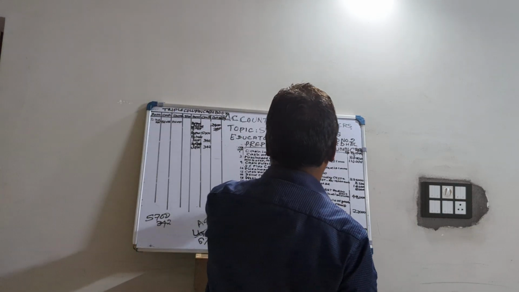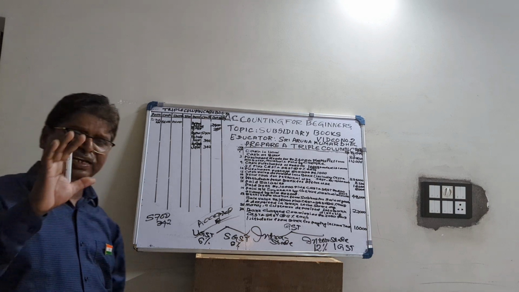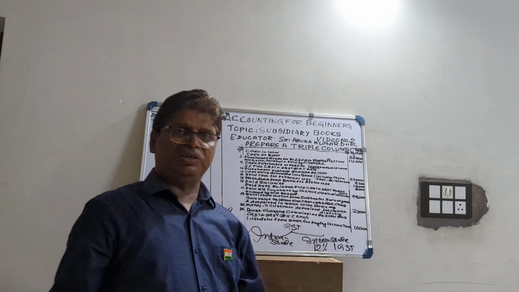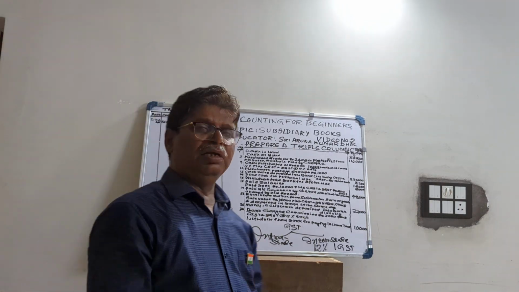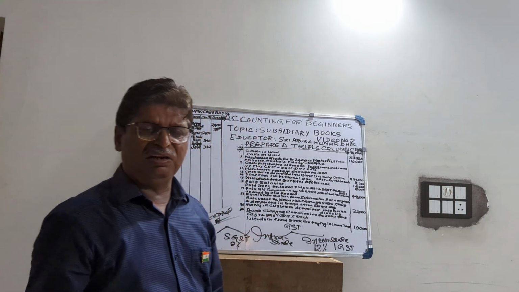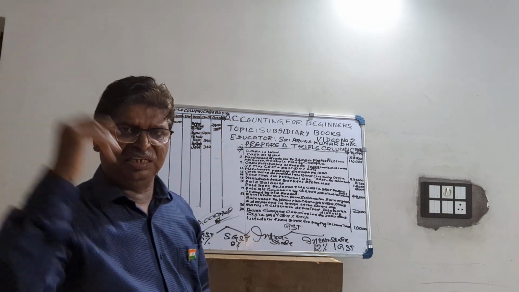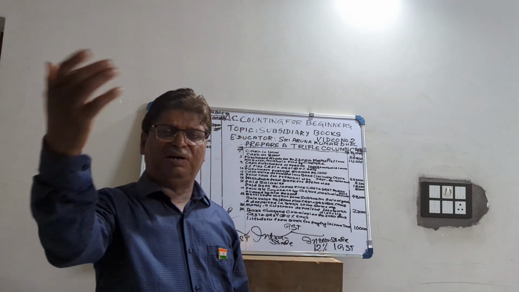Then purchase postage stamp for 1,000. So again, I recollect for your memory, accounts are of 3 types. One is personal account, second real account, third is nominal account. In case of personal account, debit the receiver, credit the giver. In case of real account, debit what comes in, credit what goes out.